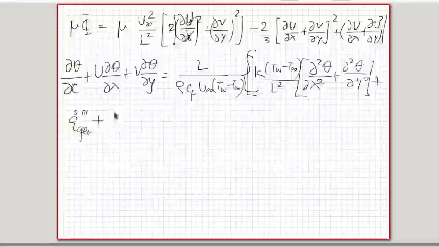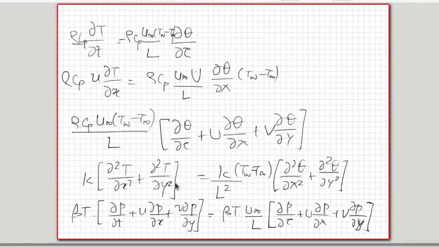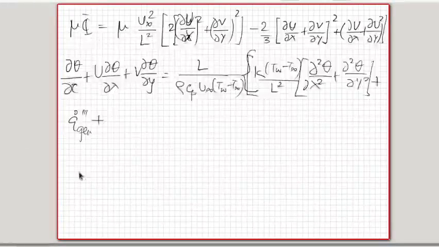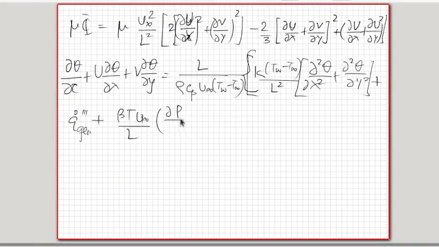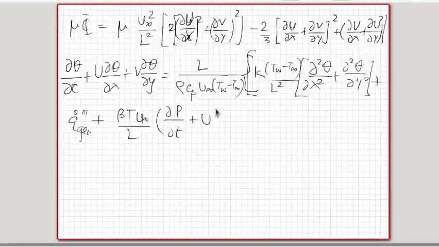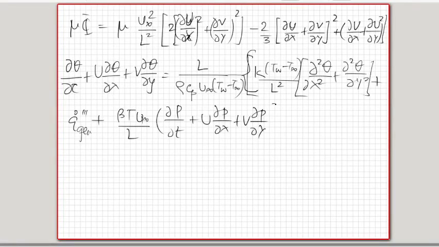The third term is the pressure term, which had beta T into U infinity by L, multiplied by del P by del T plus U del P by del X plus V del P by del Y. In this, everything else is non-dimensional other than the P, which will automatically get normalized when this multiplies this.